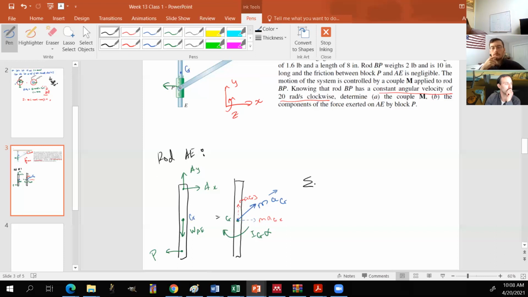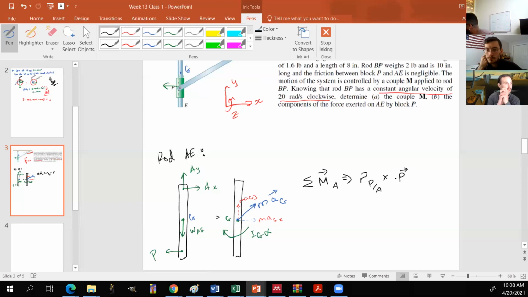So we take the moment about, and now we're going to work with vectors in this problem, because we'll use Mathematica, all right? So moment about the point A. All right, so I've got R of P relative to A crossed with my force P, right?